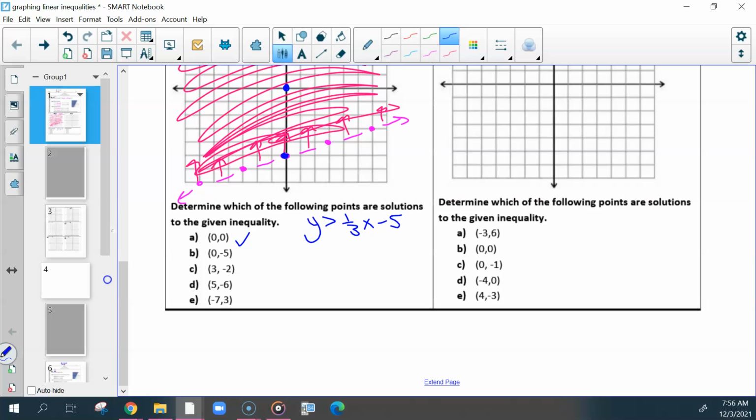So if I put in 0 and -5 into x and y, this would be -5 is greater than 1/3 times 0 minus 5. This becomes just -5. Is -5 greater than -5? No. So then that would not be a solution. Even though it falls on the line, it's not a solution. If that line was solid, then it would be a solution, and you could check that and it would work.